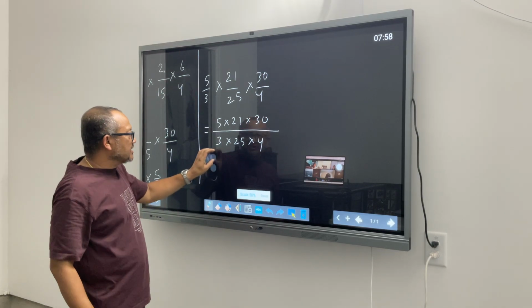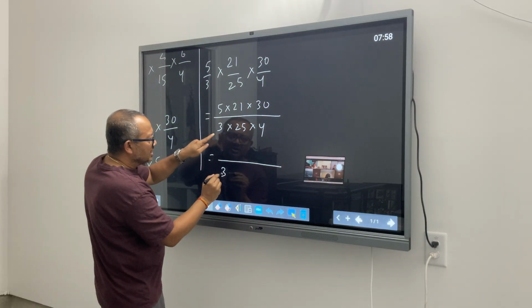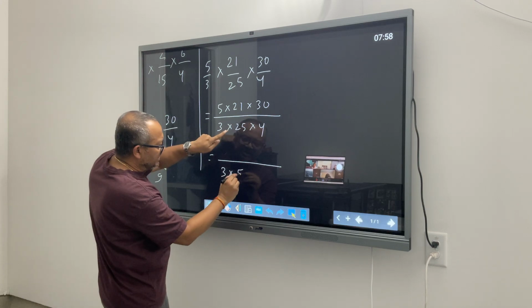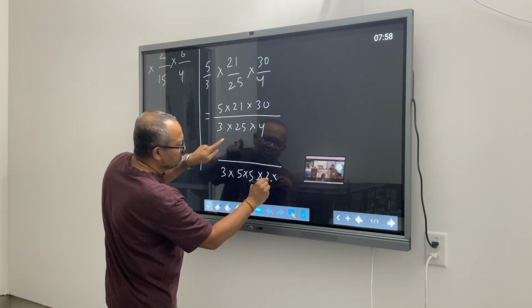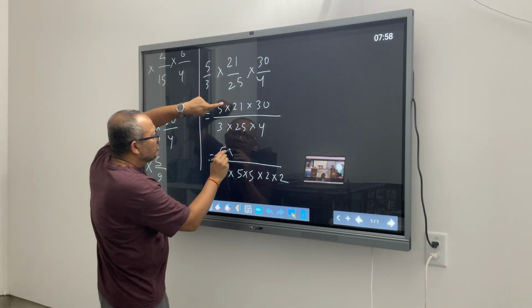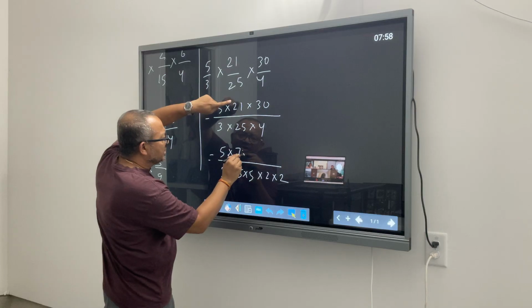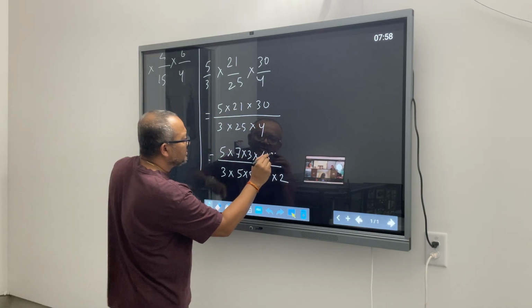Now let's try breaking these bigger numbers. 3 is a small number, let's not worry about it. 25 I can break into 5 into 5. 4 also I can break into 2 into 2. This 5 cannot be broken. 21 I can break into 7 into 3. 30 I can break into 6 into 5.